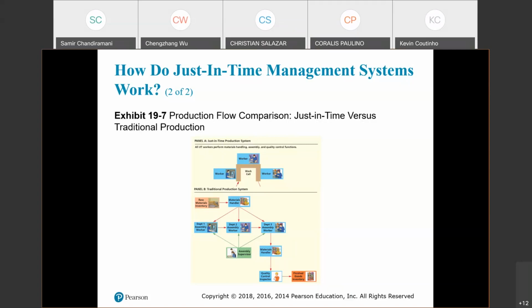With little or no inventory buffers, JIT system users lose sales when they cannot get materials on time or when poor quality materials arrive just in time. There is no way to make up for lost time.